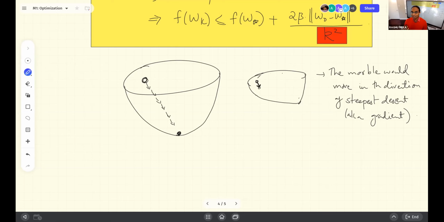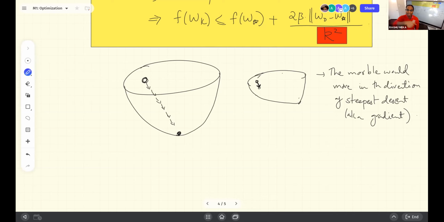But there is something countering the ball from moving only in that direction. And what is that? Is it like other local gradients? I would say it's more to do with the history. If I place the ball with 0 velocity at some point, it will always start moving along the direction of steepest gradient.